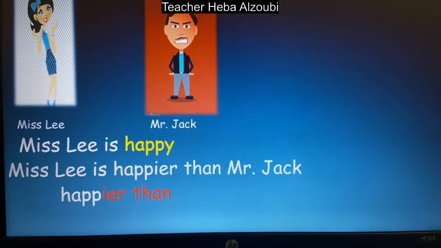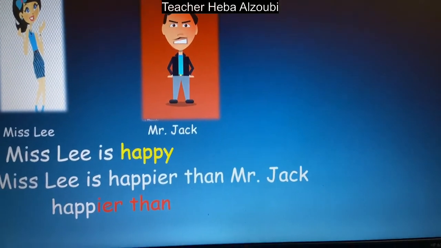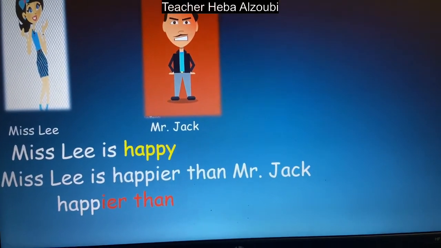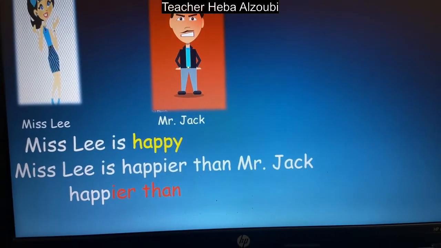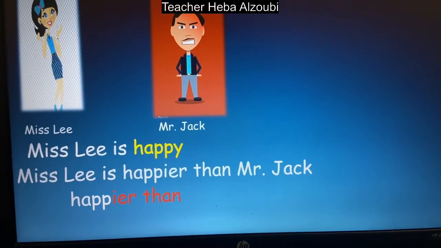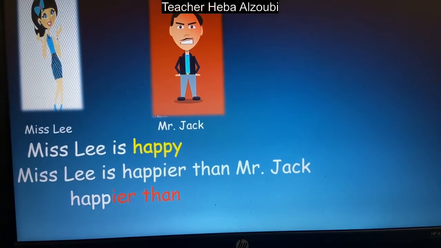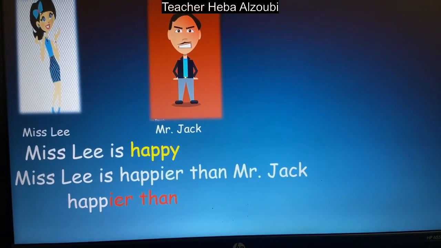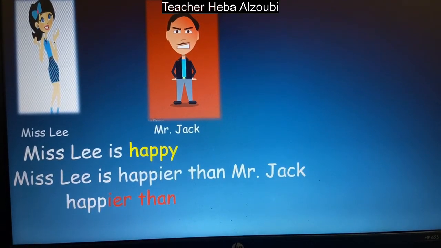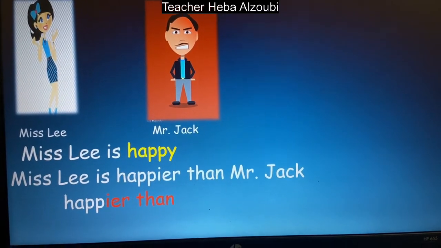Let's revise the other type of short adjectives. The adjective when it ends with the letter Y or it ends with a consonant and Y. Miss Lee is happy. So Miss Lee is happier than Mr. Jack. Happy, happier.